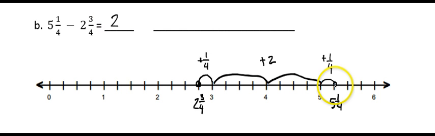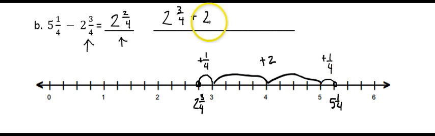So 5 1/4 minus 2 3/4 is 2 2/4. The related addition problem then would be 2 3/4 plus 2 2/4 equals 5 1/4.